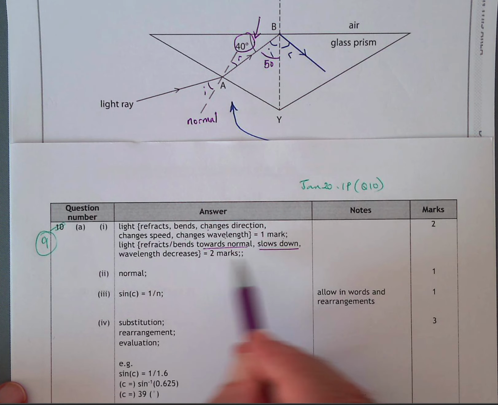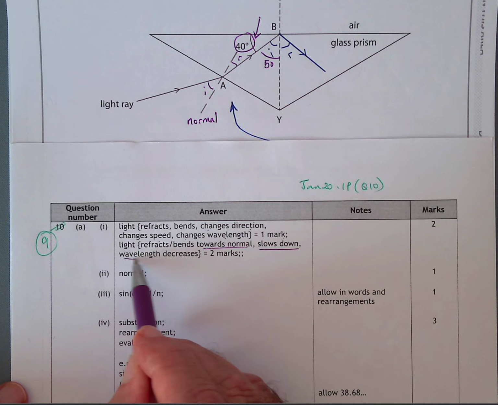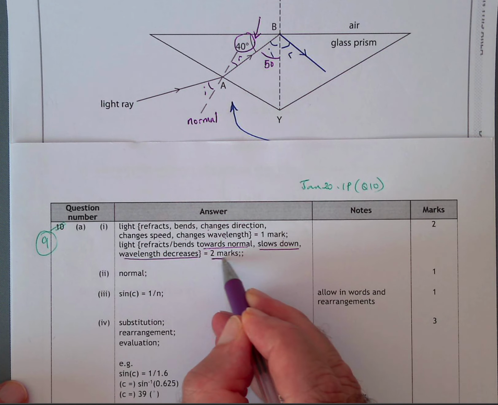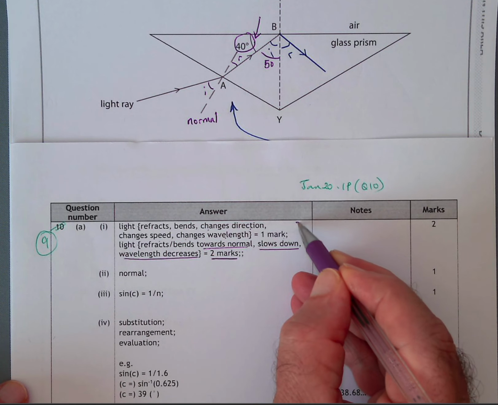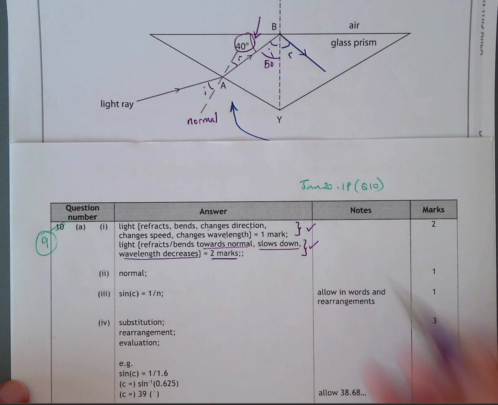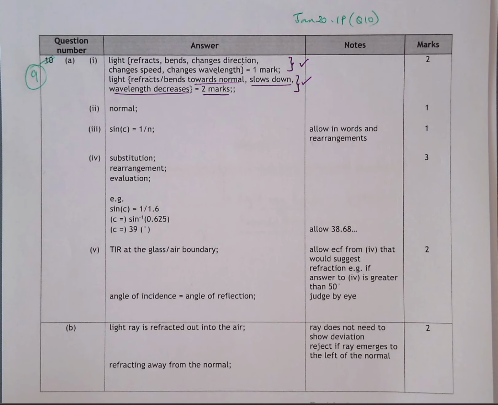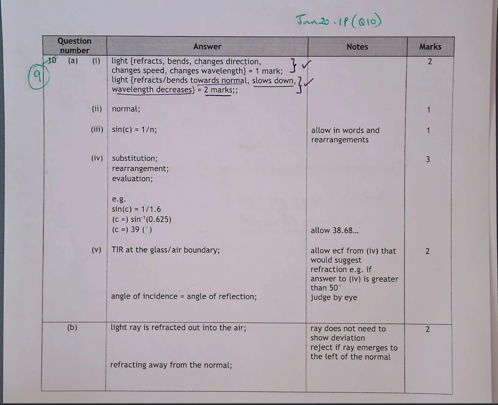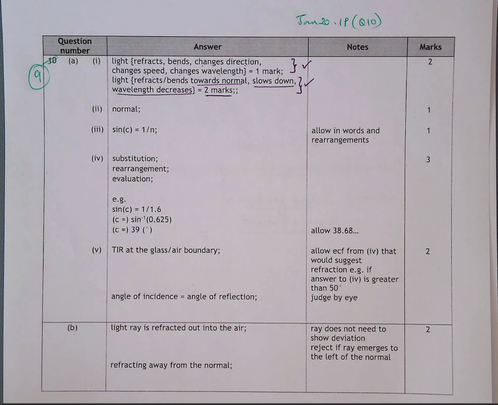So if you say slow down, or because the wavelength decreases, these are alternative ways of getting the second mark. Yeah, so this is the first mark, and this is for the second mark. Additional detail. Okay, hope that helps. You can also stop the video and go back to this mark scheme because it explains the rest of this question.